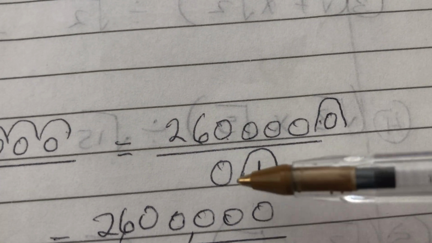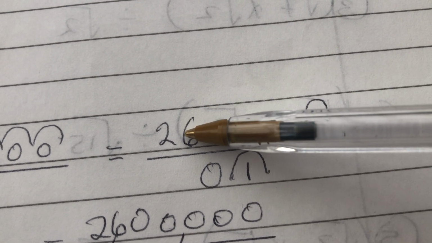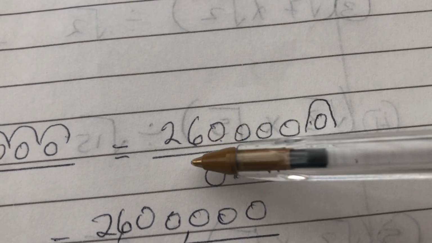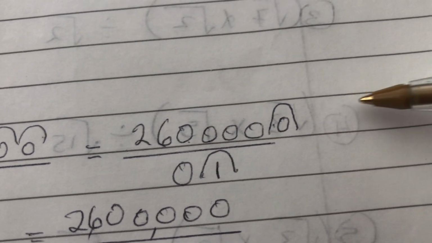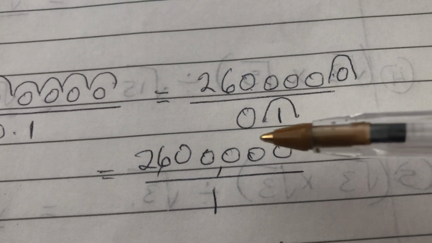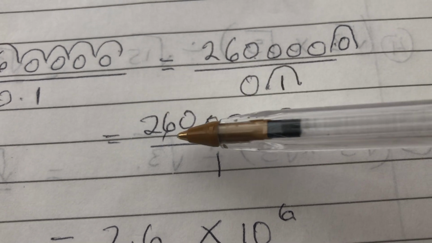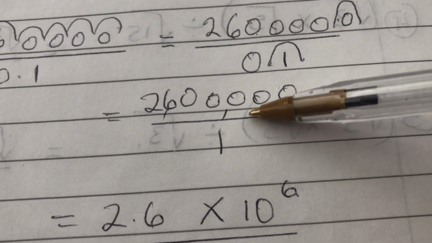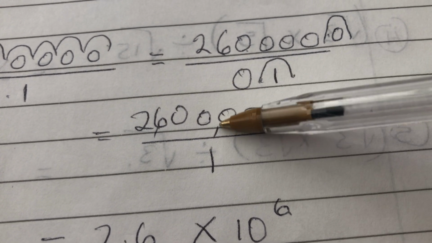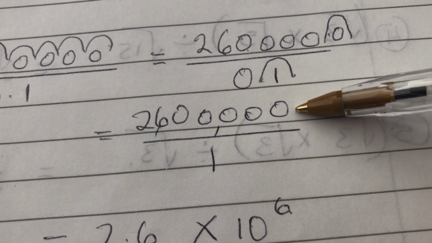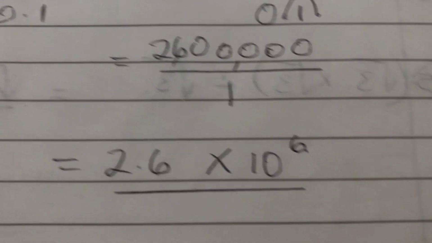So now the denominator becomes 1, and the numerator becomes 2,600,000. Now we have to revert to the standard form. So we have 2.6 times 10 to the power 1, 2, 3, 4, 5, 6. So 10 to the power 6.